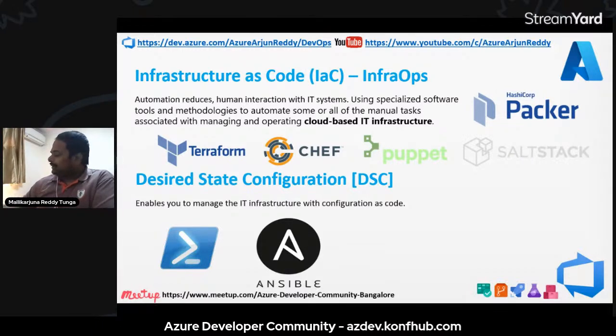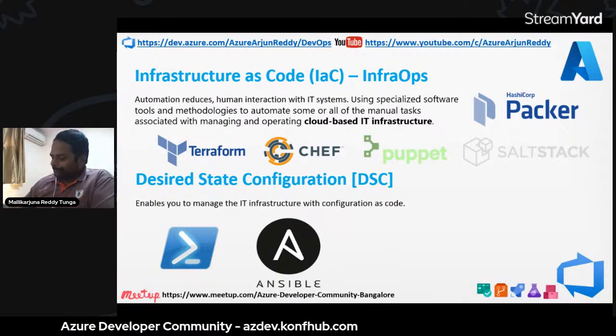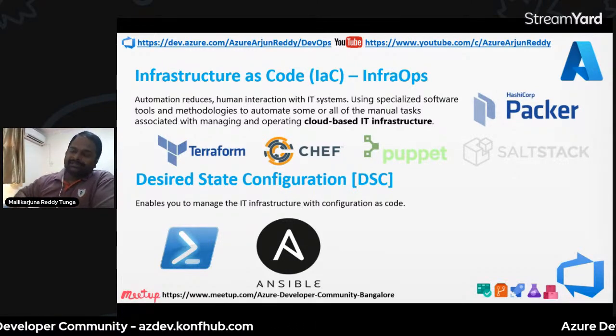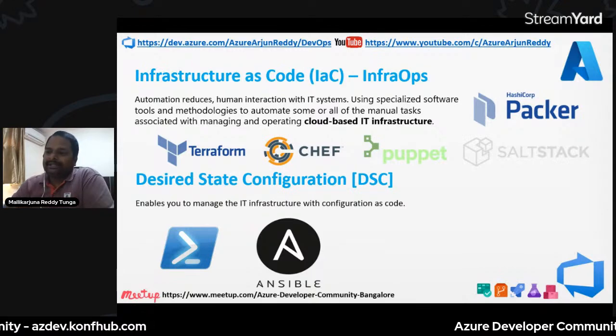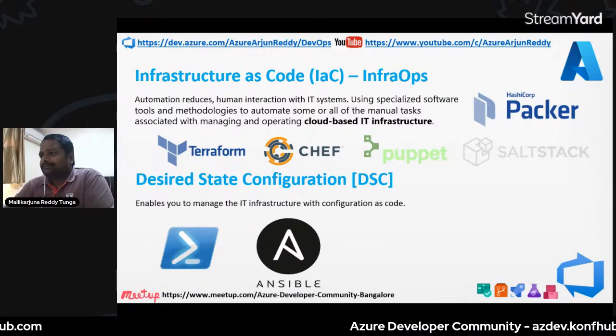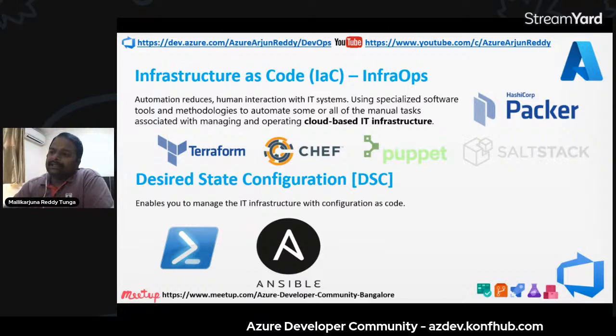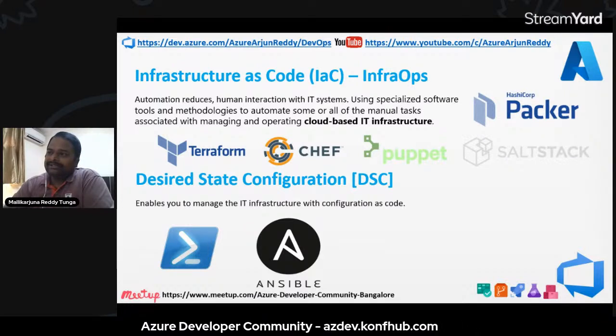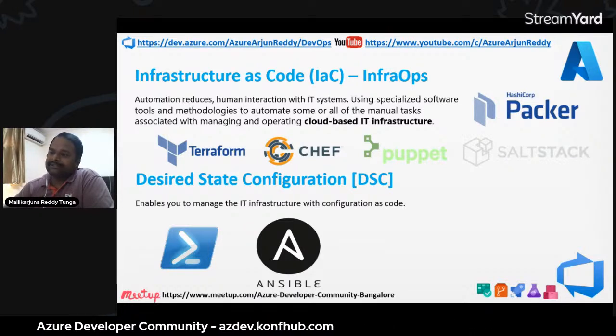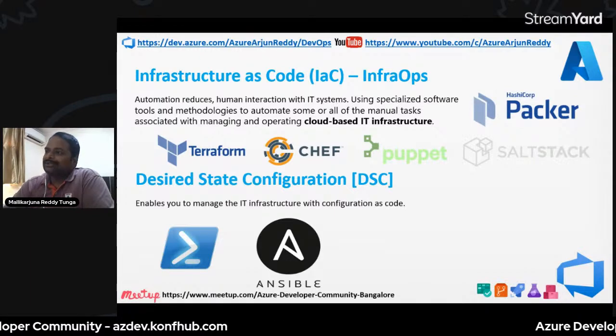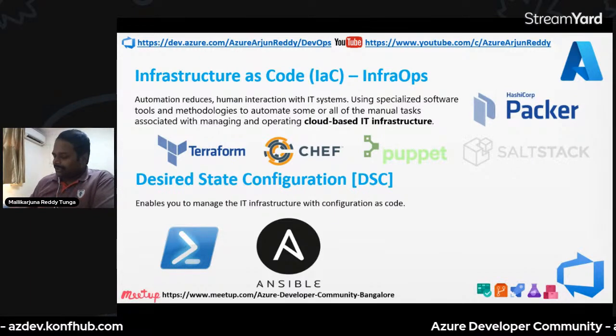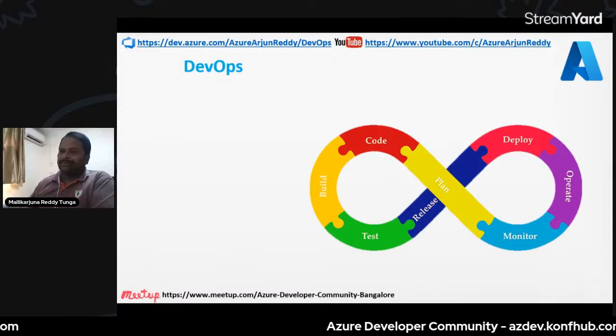Yeah, this is what desired state configuration is about. We talked about infrastructure as code. Now there is another thing, configuration as code. In the cloud journey, definitely you should adopt these things, infrastructure as code or configuration as code, so that your cloud journey is going to be a more hybrid approach.